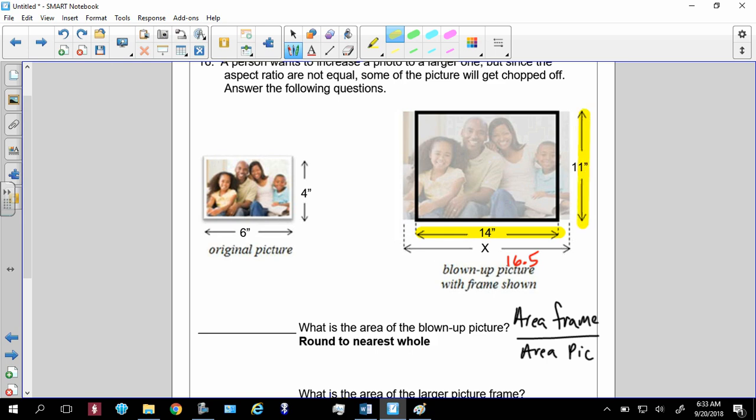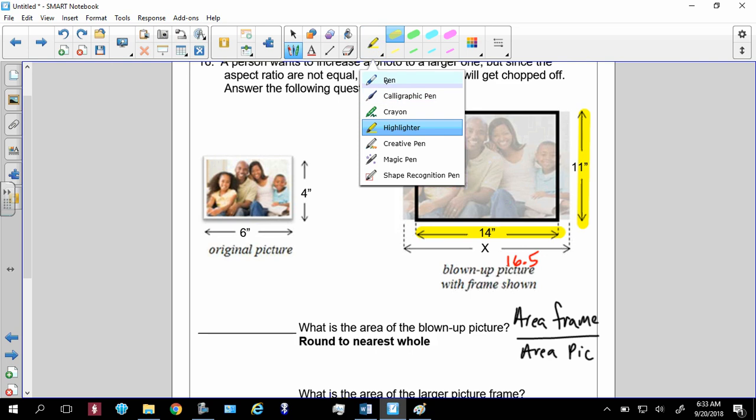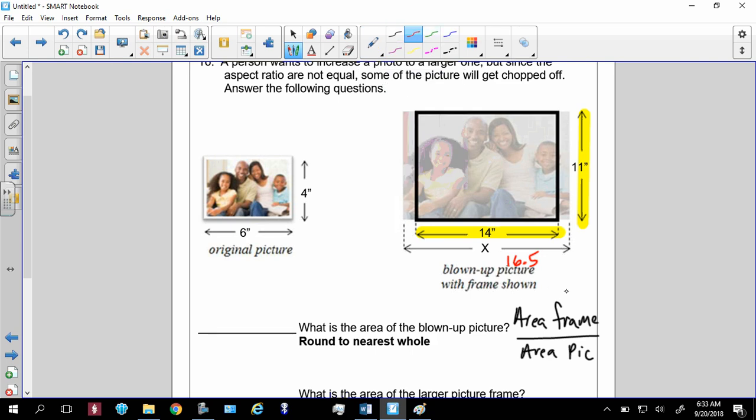This is the height of the frame. So to find the area of the frame, all I'm going to do simply is 11 times 14. That gives me 154.